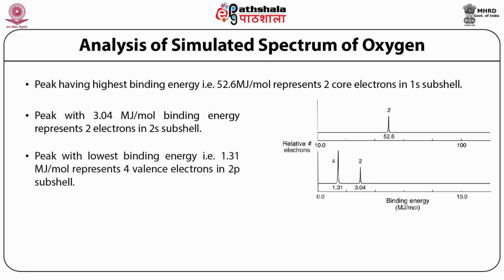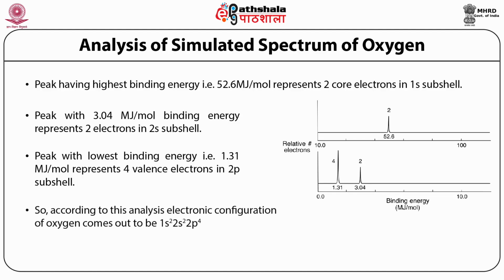The peak with lowest binding energy, that is 1.31 mJ per mole, represents four valence electrons in the 2p subshell. So according to this analysis, the electronic configuration of oxygen comes out to be 1s2, 2s2, and 2p4, which matches the actual configuration that one has.